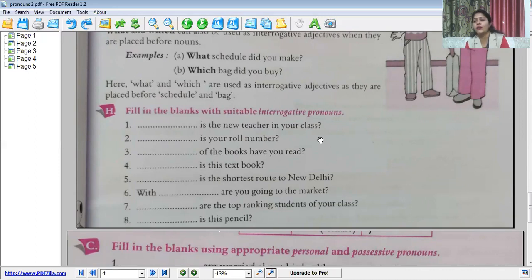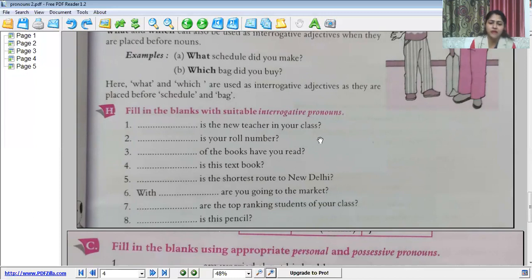With whom are you going to the market? Dash are the top ranking students of your class. Who are the top ranking students of your class? Dash is this pencil. Whose is this pencil? So you understood, students, how we have filled interrogative pronouns here.